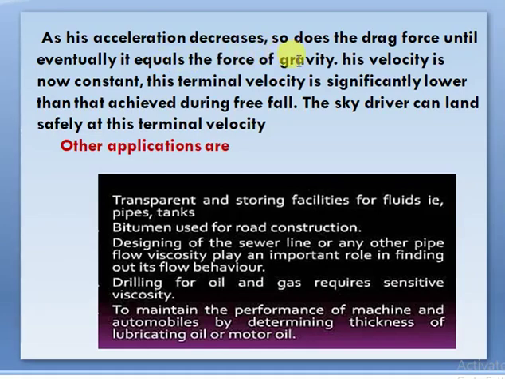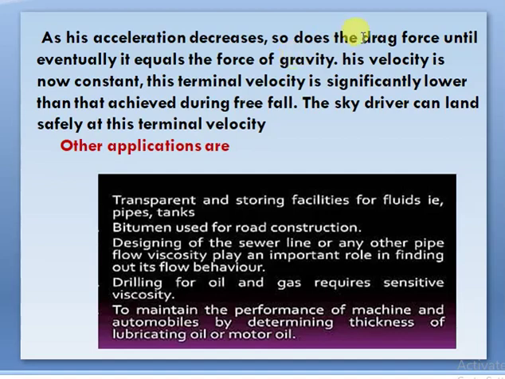As the speed decreases, the acceleration decreases, and as the acceleration decreases, the viscous drag will equally decrease, until the viscous drag is equal to the force of gravity that is pulling the skydiver down.